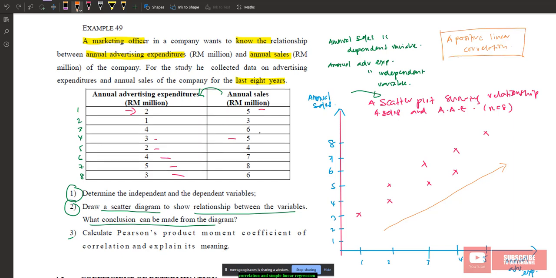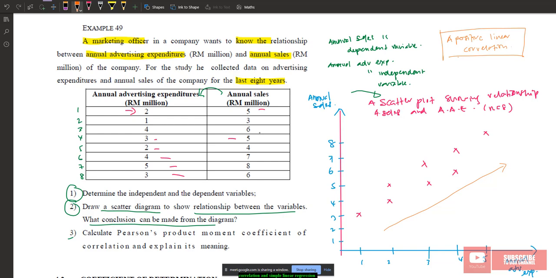So this is the conclusion that we can make from the diagram. We can see the data goes upward from left to right. So this is a positive correlation, right?